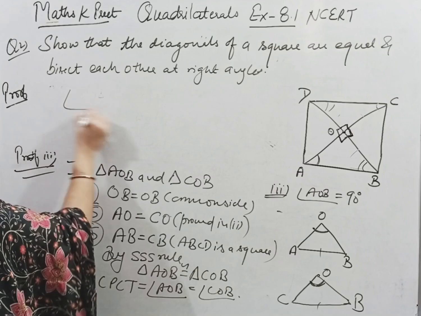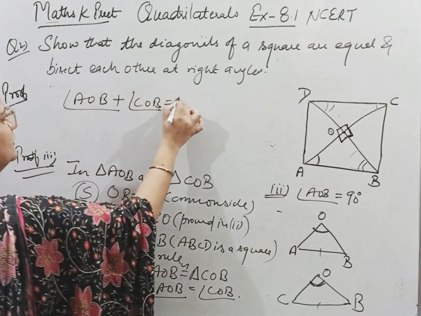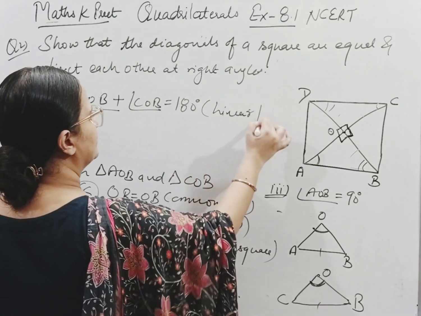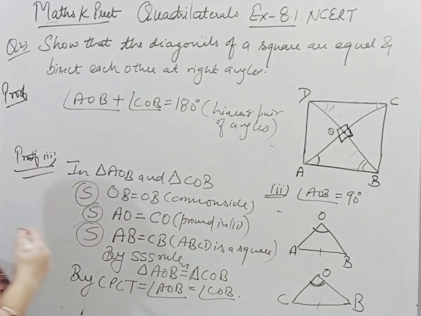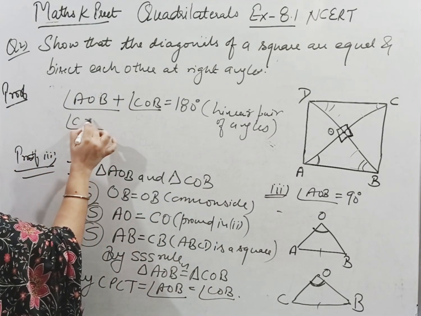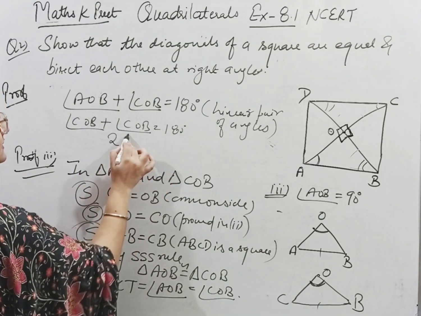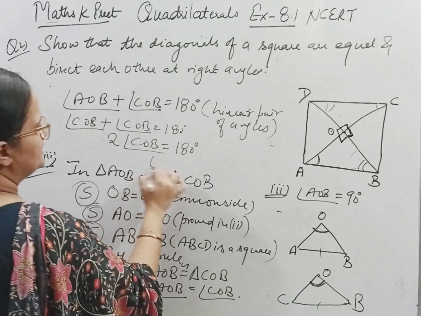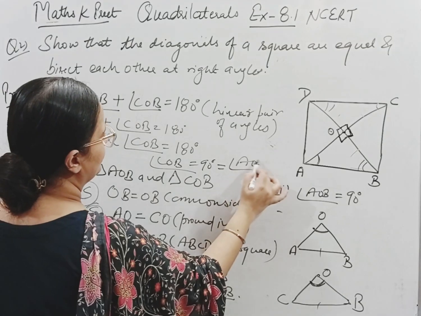So angle AOB plus angle COB is equal to 180 degrees, because a linear pair of angles always sums to 180 degrees. But AOB is equal to COB, so 2 times angle COB is equal to 180 degrees. Therefore angle COB is equal to 90 degrees, which is equal to angle AOB.